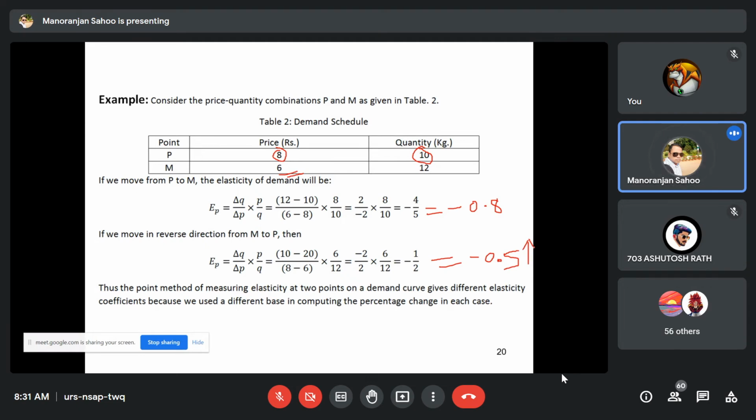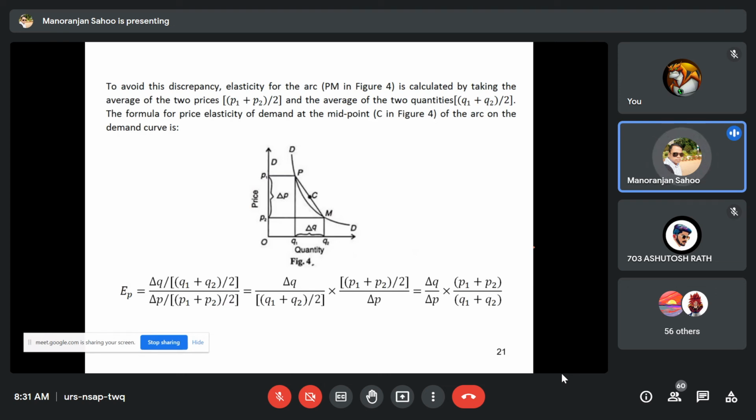In order to equalize this value, we calculate the average elasticity at the midpoint along the arc. Here it is called arc elasticity or the midpoint method. According to the midpoint method, the elasticity value can be calculated as delta Q by (Q1 plus Q2) by 2 divided by delta P by (P1 plus P2) by 2.